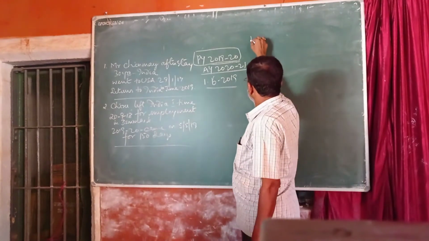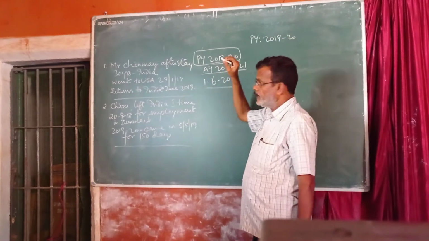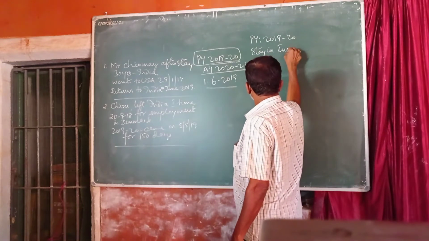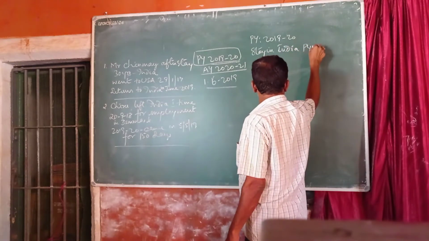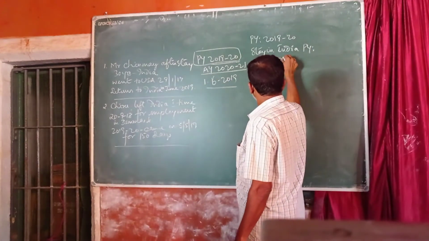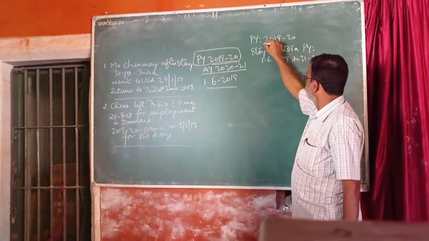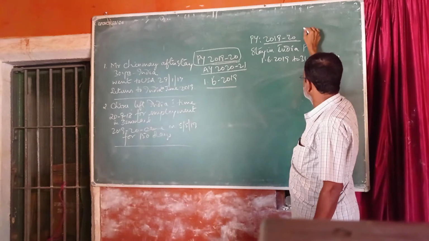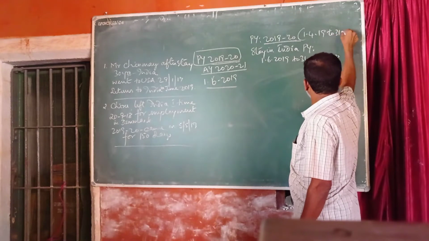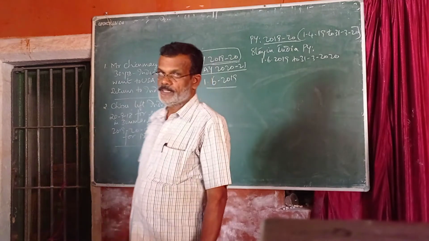First you should write the previous year, that is 2019-20, and the stay in India during the previous year. How many days? From 1st June 2019 to 31st March 2020, because the previous year 2019-20 commences from 1st April 2019 and ends on 31st March 2020. So during this period, how many days did he stay in India?